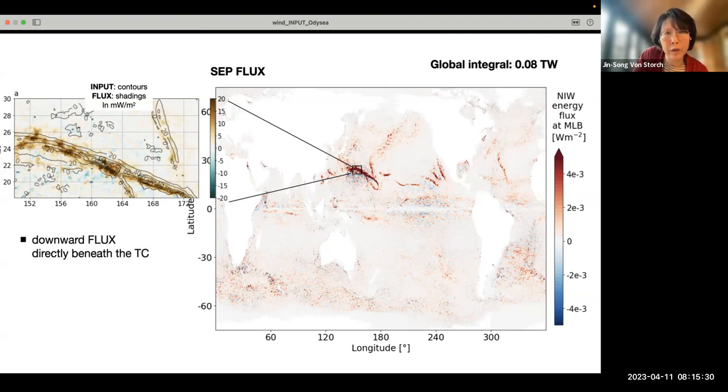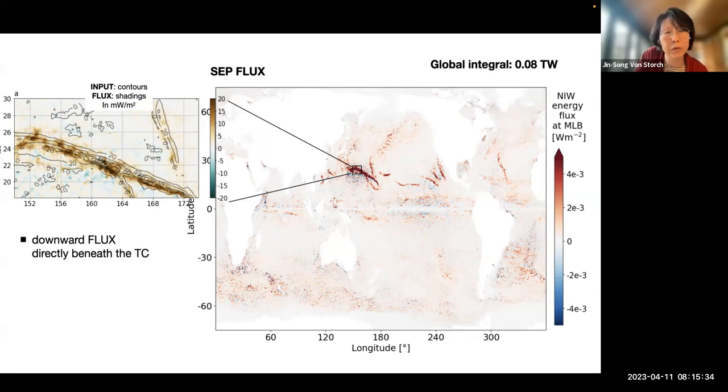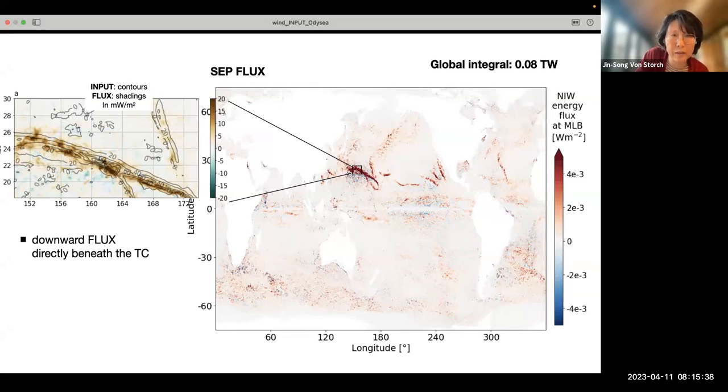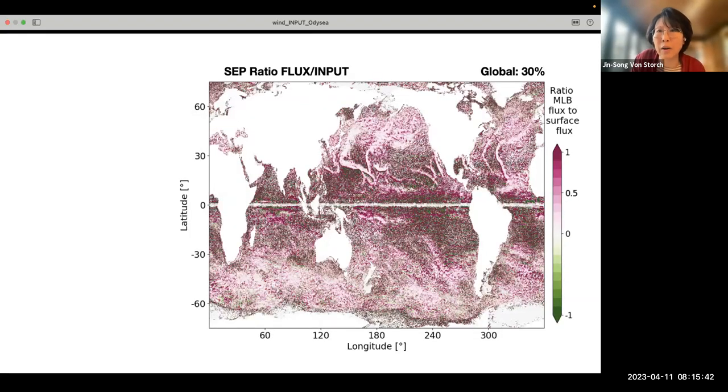And if you consider the ratio of the flux relative to input, you get this picture. What you see is that in the mid latitude, it's basically positive, in the range of say 0.3, 0.5 or something.